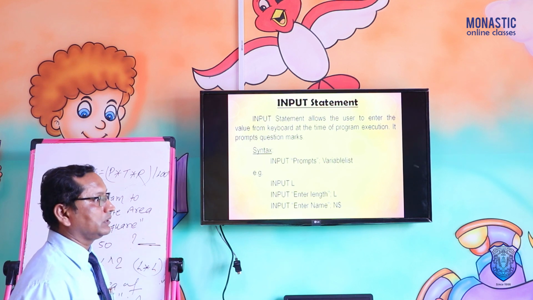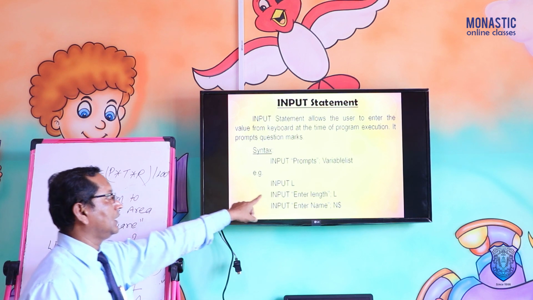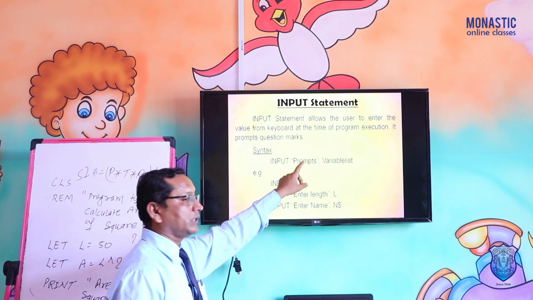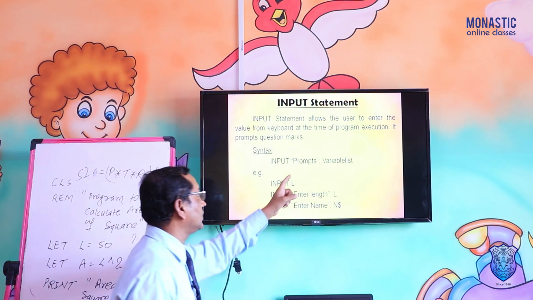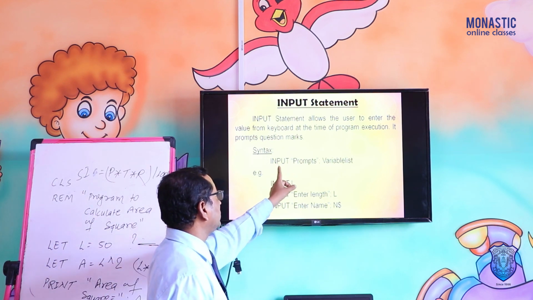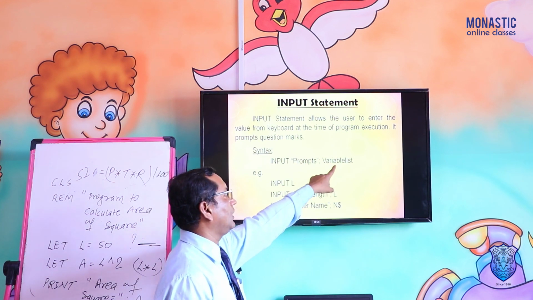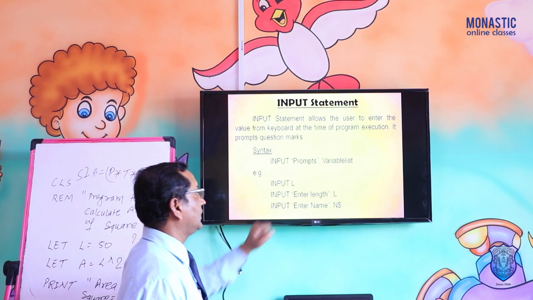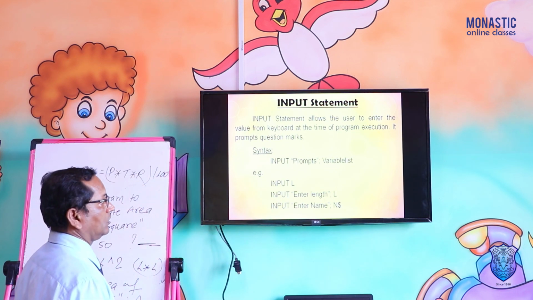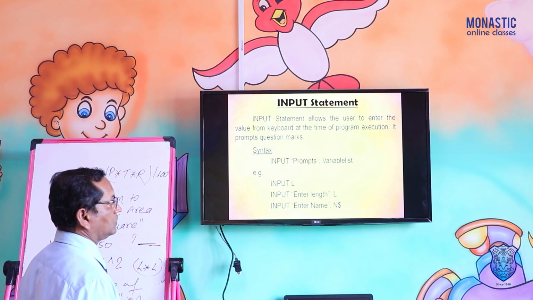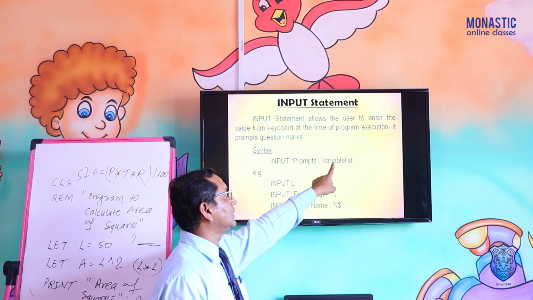Everywhere, double quotation marks are compulsory for prompts. So first INPUT, then the prompt, then the variable list. It means together we can use more than one variable, or a single variable also.